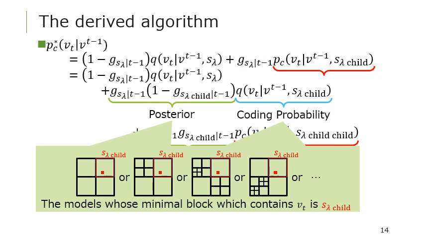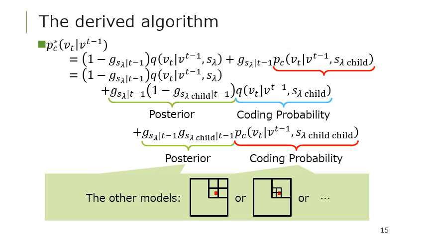In the first case, the models whose minimal block which contains Vt is the child block of the root block. These terms represent the posterior and the coding probability for these models.